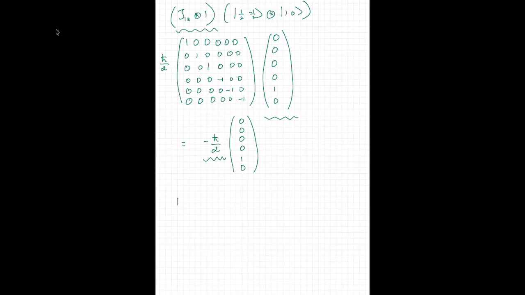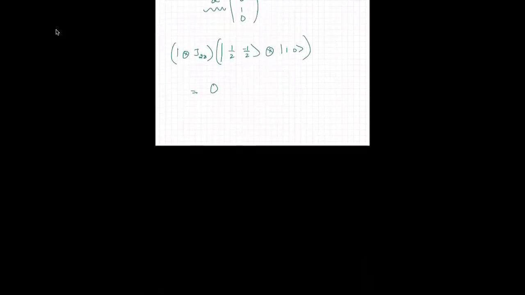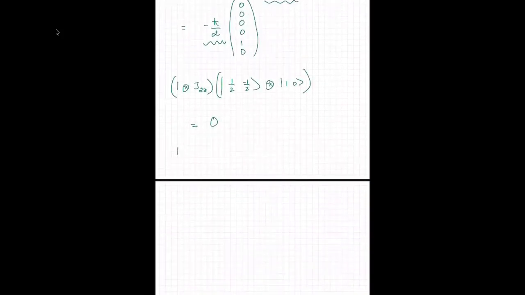Similarly, if I calculate 1 direct product J2Z on the state, I will get the J2 of the second guy, which in this case happens to be 0. If you want a more non-trivial example, if I calculate 1 direct product J2Z on 1/2 direct product 1, minus 1, I will get minus h bar times the same state back again.